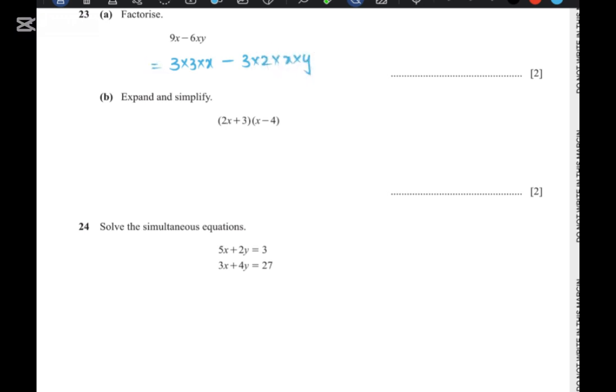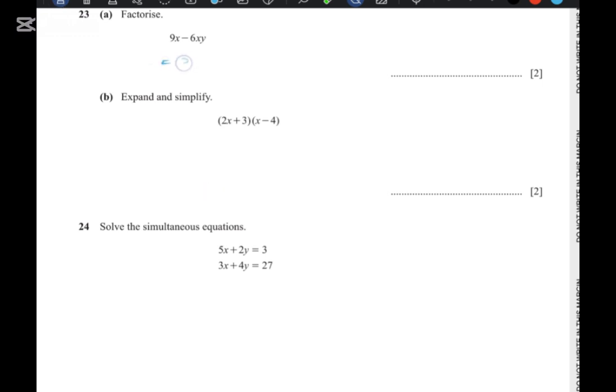From this, now take the common factors. So 3 and x are common to both. So I'll take 3x and keep the remaining inside the bracket.